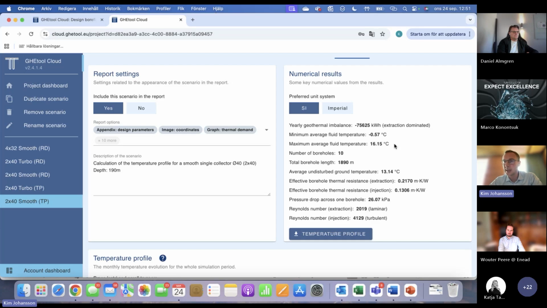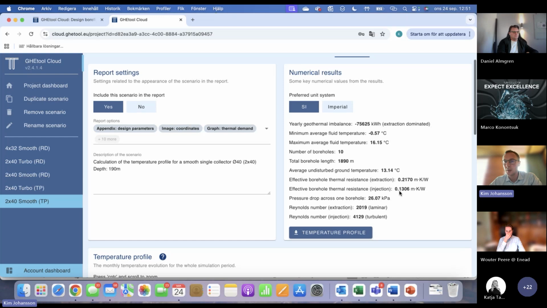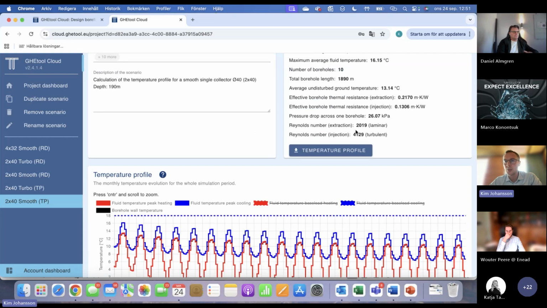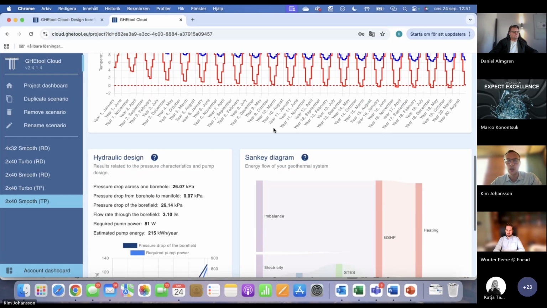So the minimum temperature in this case would be minus 0.6 degrees almost. And once again, we could see that we have a laminar flow rate in the heat extraction. And the pressure drop is the same as in the last scenario, since we have the same flow rate.